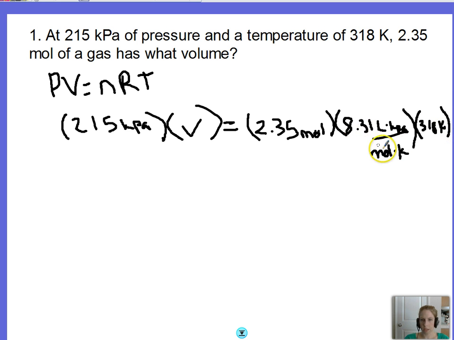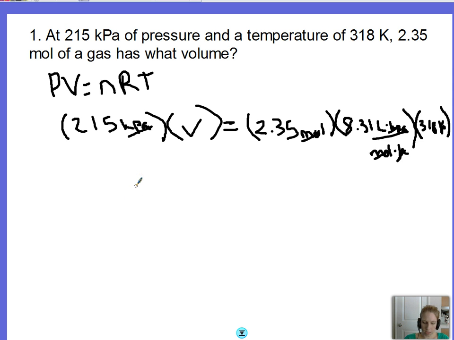Alright, so now if we take a look at our R constant, it actually functions to help us cancel out units. So here we can cancel out Kelvin, we can cancel out moles, and our kPa values, when we divide, are going to cancel out as well, leaving us with liters.